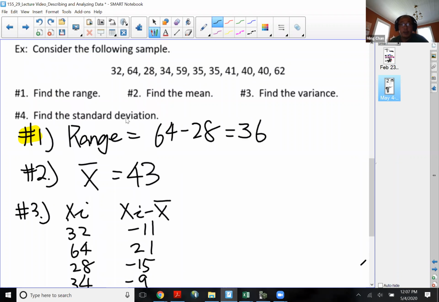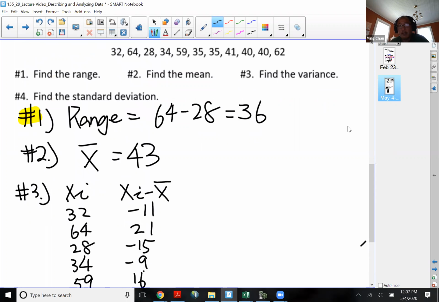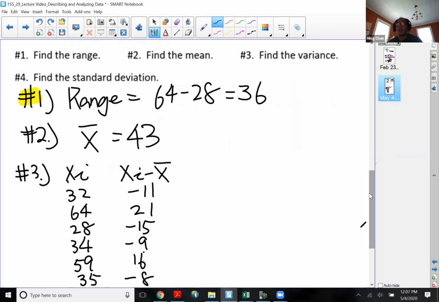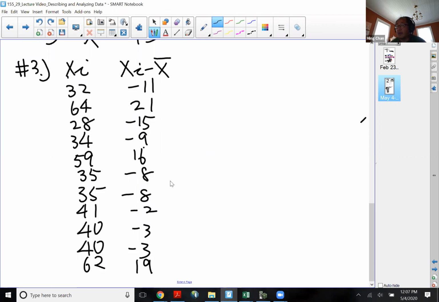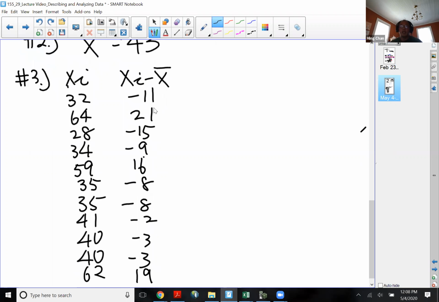To find variance, variance refers to, on average, collectively, the average distance to the mean. So I need to add them all up, right? Because average means add them all up and divide by how many I added. But the problem is I cannot add a negative and a positive, because it throws my answer off.